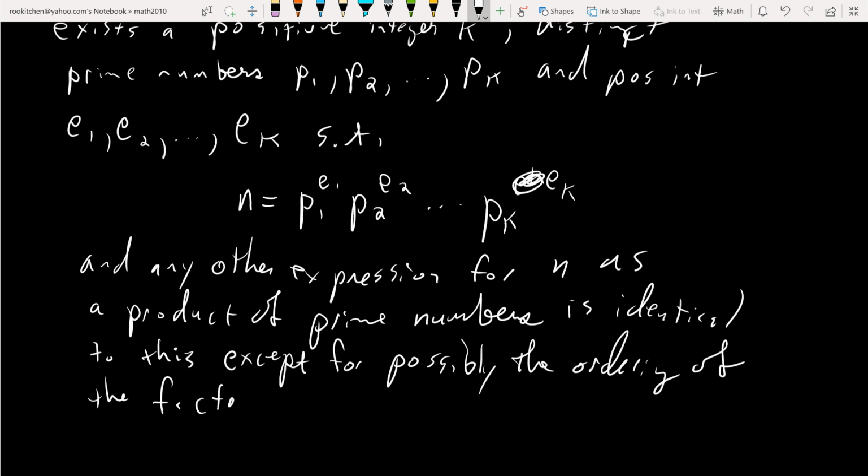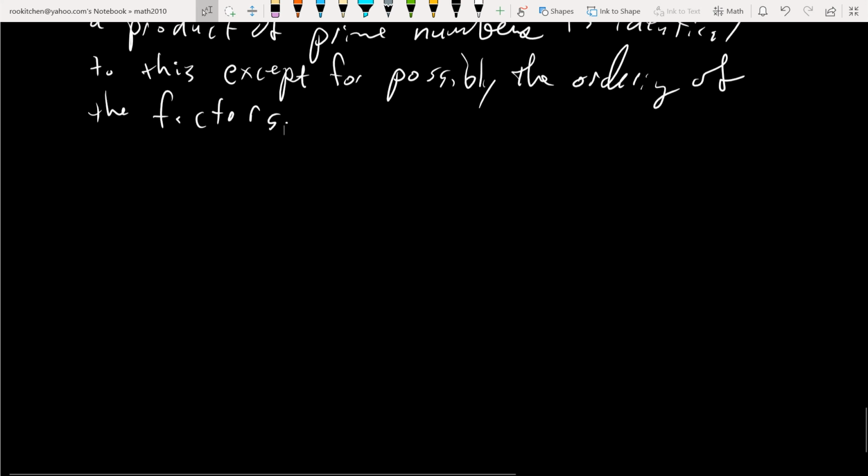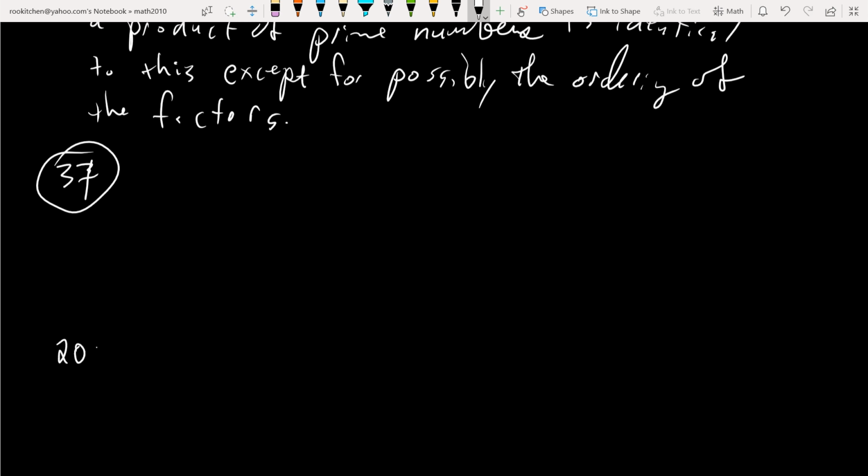A lot of proofs will pin their hopes to this fact, and it comes up. Anyways, the kind of problems you work on in the homework: a lot of times they just want you to get the factorization. One of them was to find the factorization for 20 factorial squared, and that was a bit of work. It comes down to rewriting this as a product of primes, and then multiplying all of their exponents by 2.